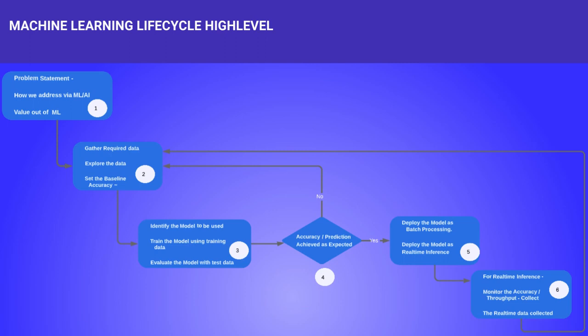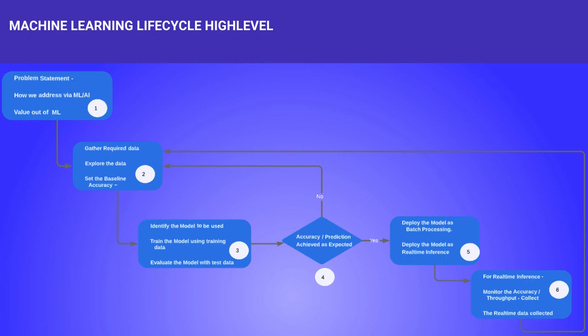Next, this is where the machine learning engineers come into real play, as well as the data scientists, of course. They identify what kind of model we are going to use, what kind of algorithm needs to be used, and how we are going to train the model, whether it contains a large data set and needs distributed training, or it's a small data set.